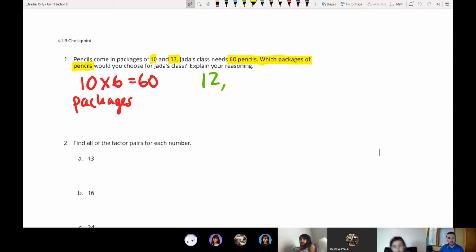Well, skip counting by 12, right? What's 12 plus 12? 48. So 12 plus 12 isn't 48. 24.